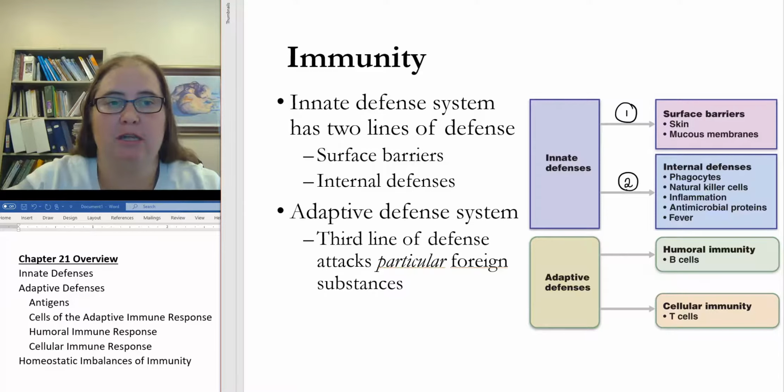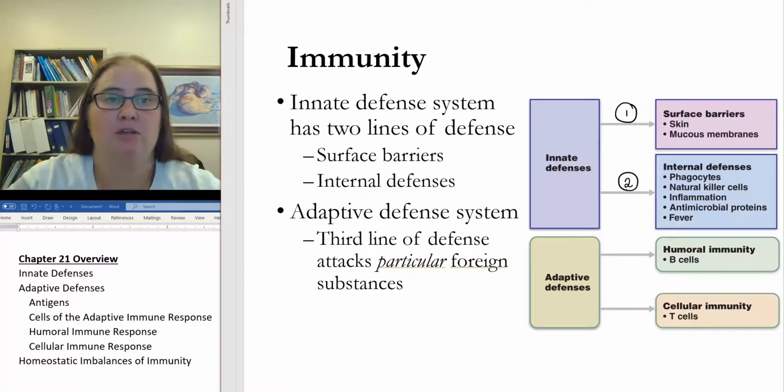So if our skin or our mucosal barriers become breached, we have these internal defenses that, again, remember, this is a nonspecific response. It doesn't care what's come in. It's just sounding off the alarm to the body, okay? And our internal defenses include things such as phagocytes, natural killer cells, inflammation, antimicrobial proteins, and fever. And we're going to talk about each one of these individually.